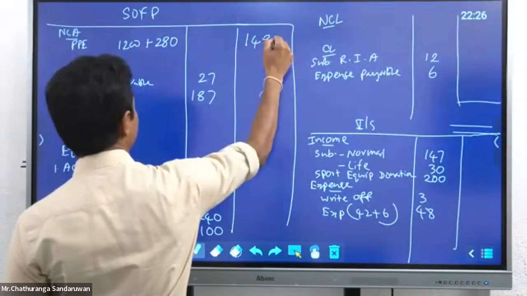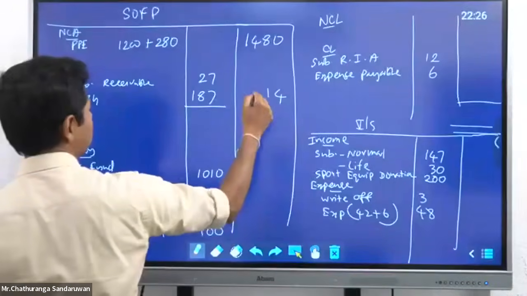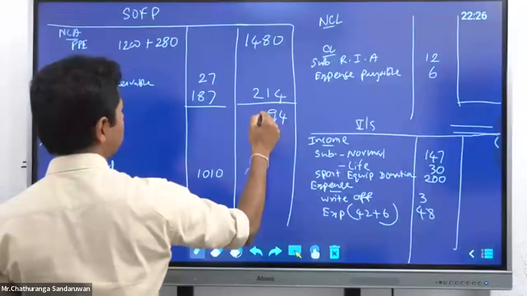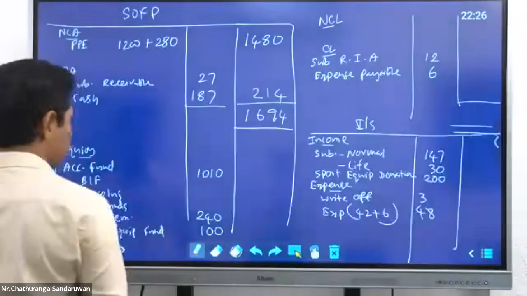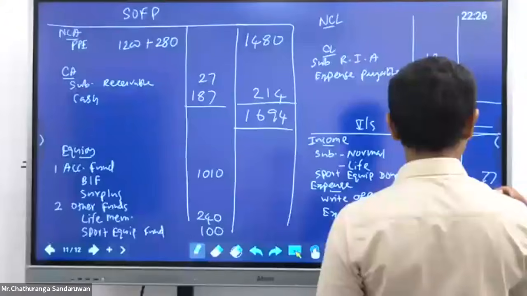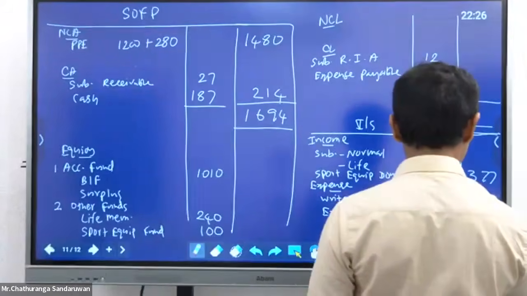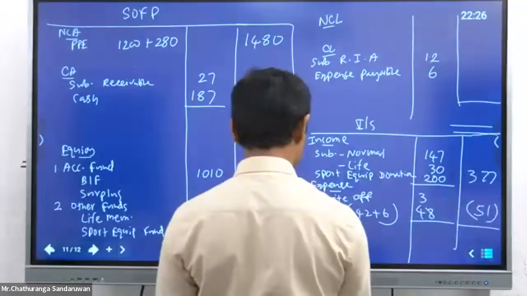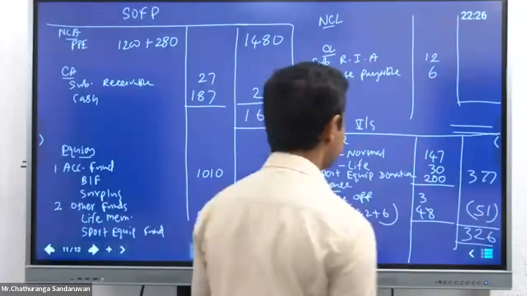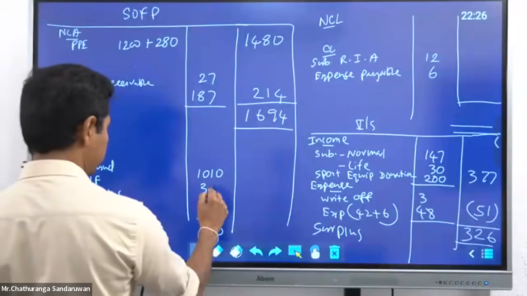PPE 1480, total current asset 14 11 2, if I am not mistaken, 94 6 1. Surplus, we can calculate total income 77 300, total expenses 51. Surplus is 326.